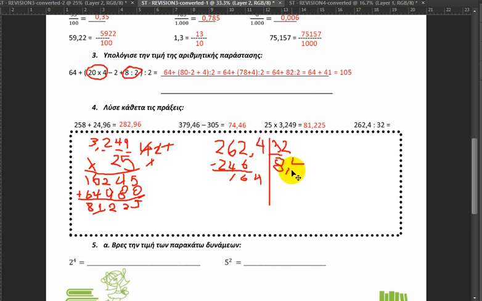Actually, I'm going to try 5. 5 times 32 is going to give us 160. Subtract here, and I get 4. I add another 0. 32 fits into 40 once. This subtraction is going to give me 8.